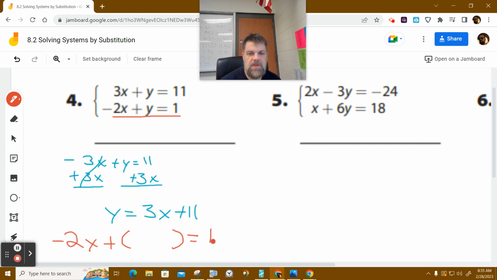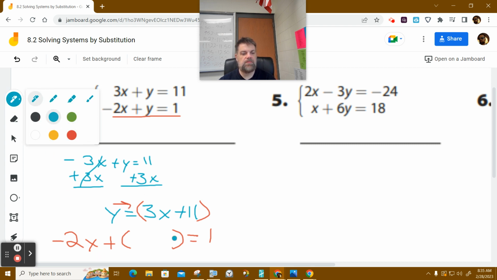It's the exact same equation, except I haven't plugged in y yet. But I happen to know that y can equal this stuff. Doesn't y equal this stuff? So what do you think I can do?